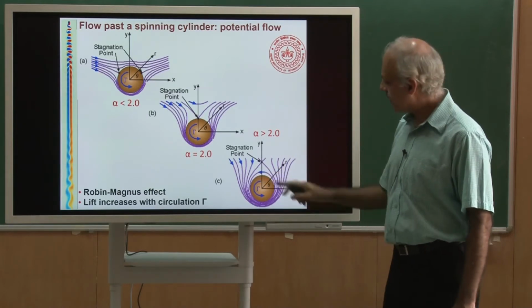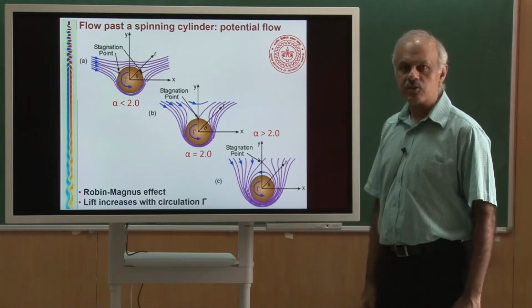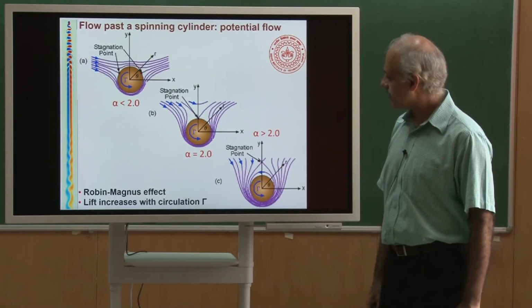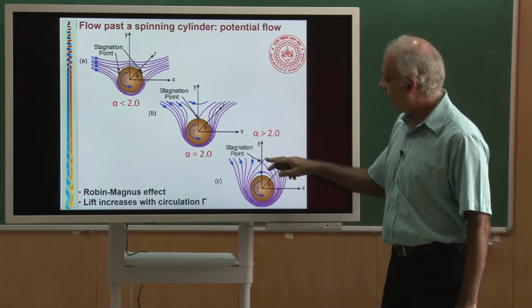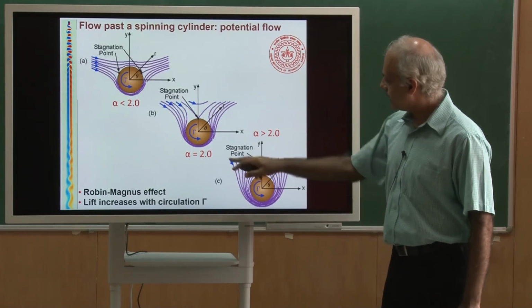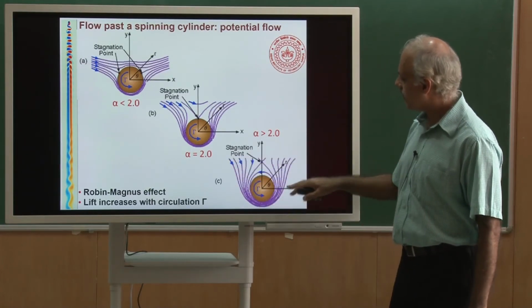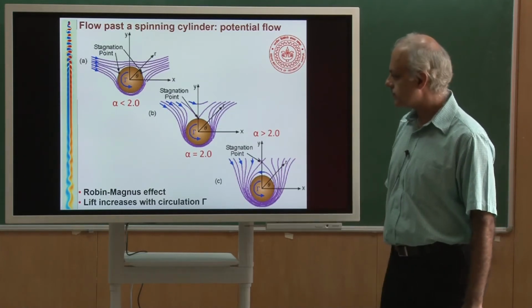There is a ring of fluid that spins with the cylinder, not at the same speed, the speed is different, but these are streamlines now which are closed, and then you get the stagnation point, and the streamlines, they come below it and far away, they would again align with the flow.